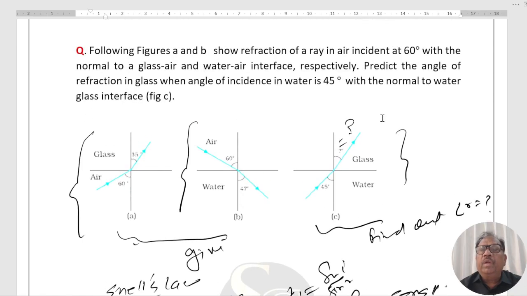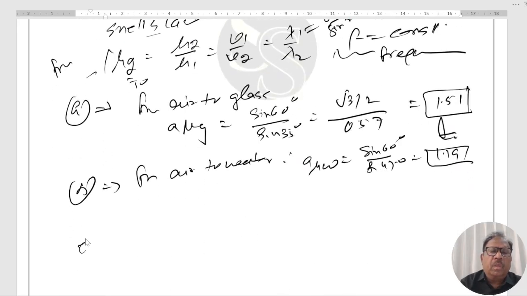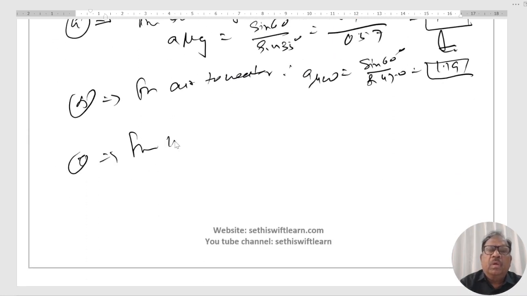And then we have to find the angle of refraction. In figure C, from is water to glass.